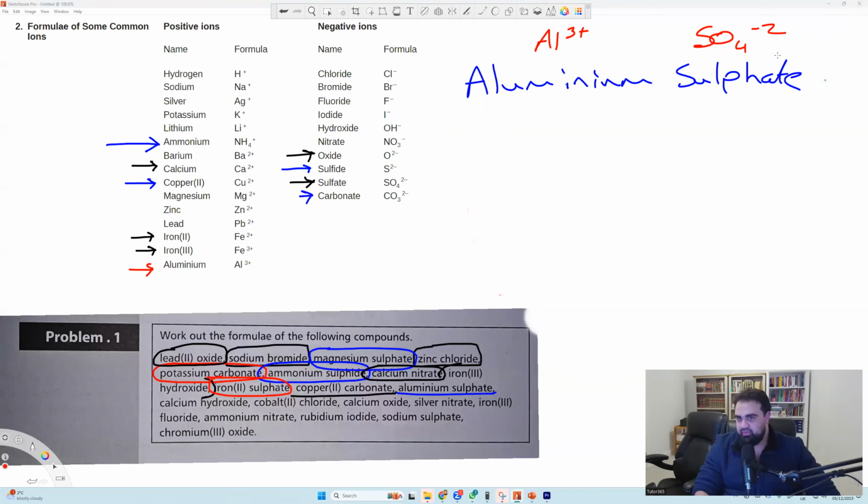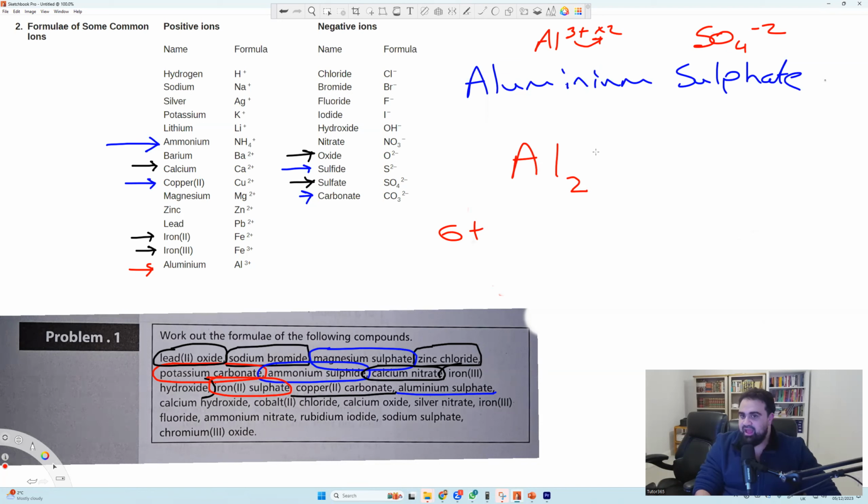The common multiple between them is 6. To go from 3 to 6, you times by 2, so you're going to need 2 aluminiums. If you have 2 aluminiums, what's the total charge? A 6 plus, because each one is 3 plus.